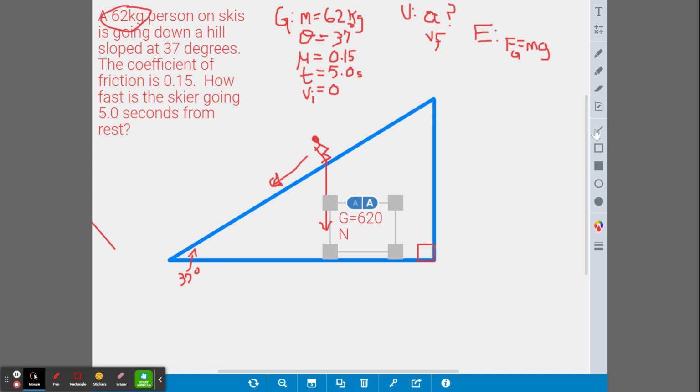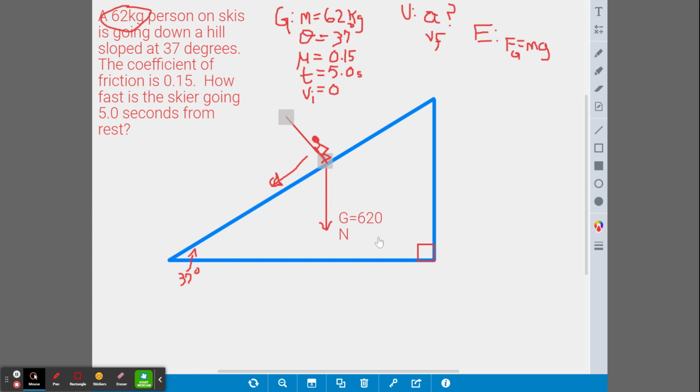Okay, so there is also the normal force, which will be perpendicular to the slope of the hill. So when an object or person is on flat ground, the normal force will simply equal what gravity is, but not in this case, because the normal force is now perpendicular to the slope of the hill.